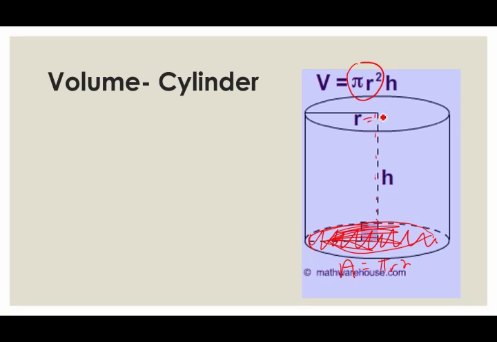So if our radius is 3, the distance from the center of the circle out, and the height is 5, and we're dealing in inches, all we have to do is write the equation V, which is volume, is equal to pi r squared h, where r is 3 squared and h is 5.